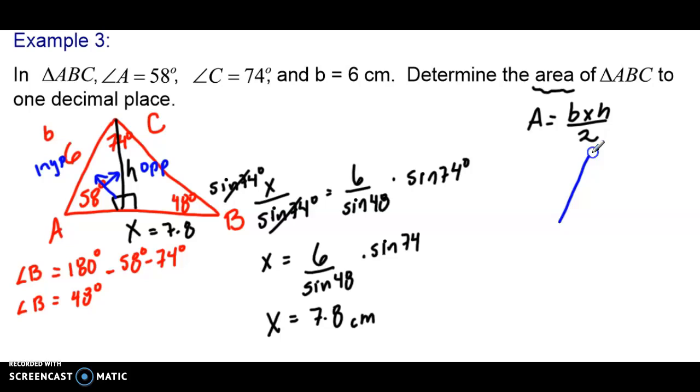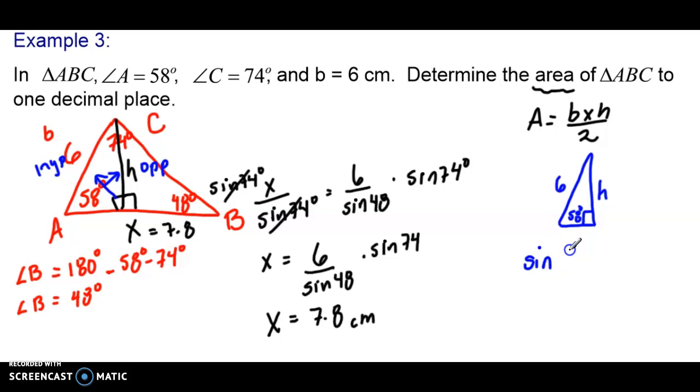And just to help you organize your information, I'll redraw this. We have a 58 degree angle here. We're looking for the height, and we are given this side 6. So we are going to use the sine because we have opposite and hypotenuse.